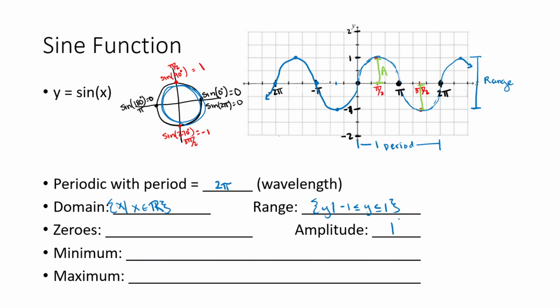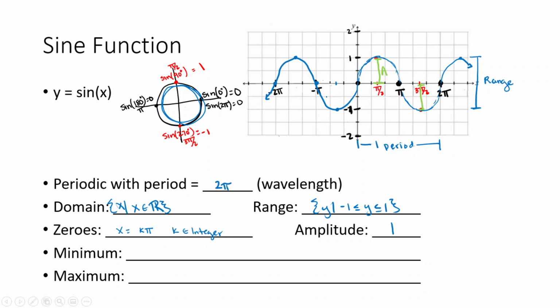And the amplitude is a distance, so it's always positive. The zeros are occurring at multiples of pi, where k is an integer. And then of course the peaks and valleys are at 1 and -1.